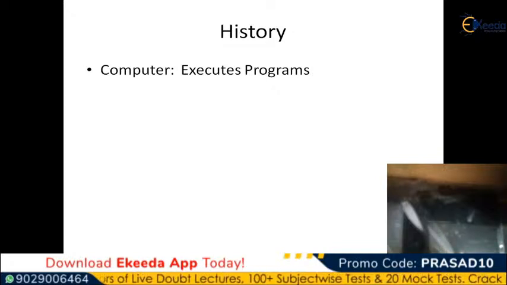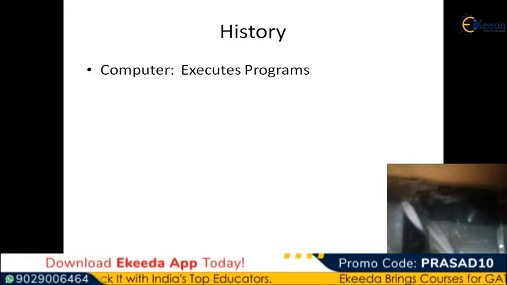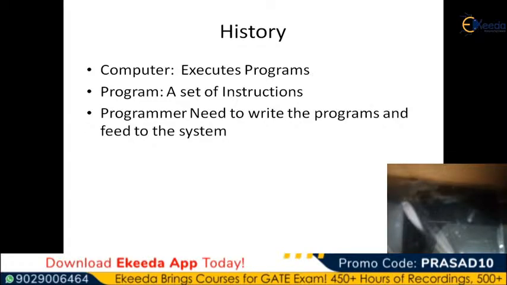So obviously, when you look at the computer system at a basic level, it just executes a program, nothing other than that. So first of all, we need to understand in what way we are going to write the programs and where we are going to store the programs. If you are a programmer, you need to understand that a program is a set of instructions.